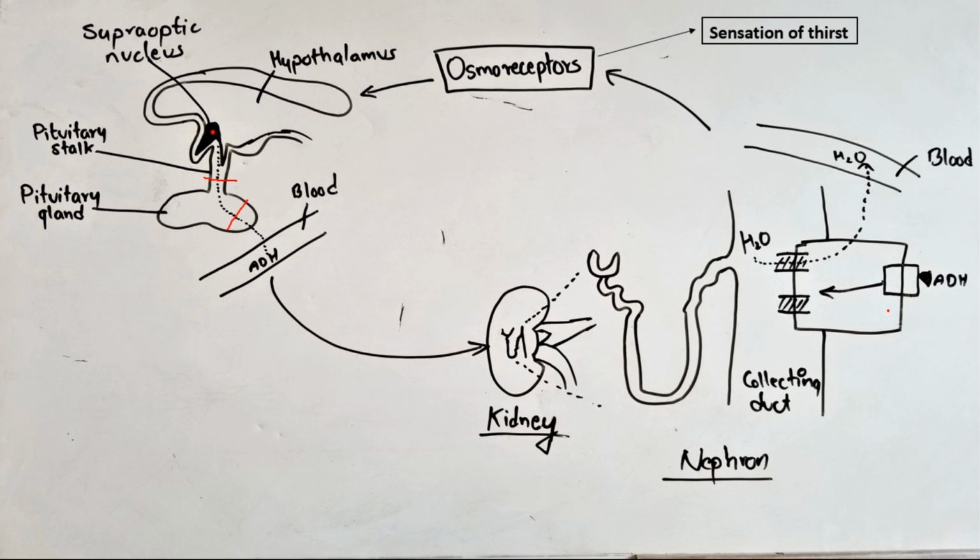Another is when the production is normal but the kidney fails to respond to the ADH hormone, when there is any mutation to these receptors or any presence of kidney diseases, then the kidney fails to respond to ADH, and that can lead to diabetes insipidus.